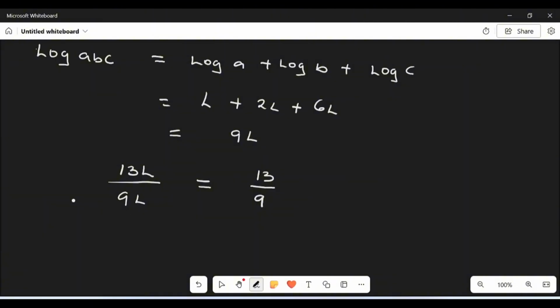Therefore, our log of A raised to power 3, B raised to power 2, C base ABC equals 13 over 9. That is our answer.